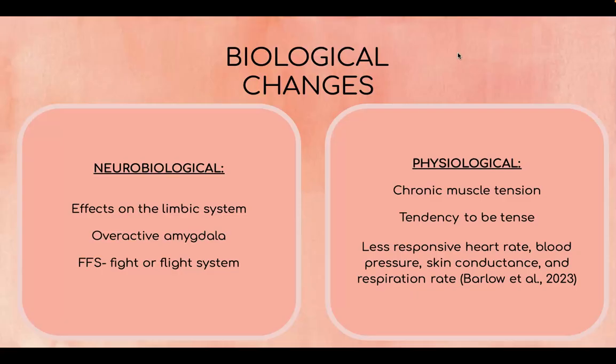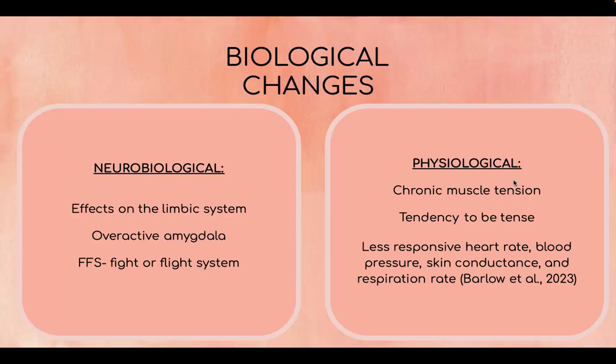So when your amygdala is overactive, you're going to experience intense stress, fear, worrying. And as I mentioned before, that fight or flight system is so important. And somebody with an anxiety disorder, that system may be triggered for things that it really shouldn't be.